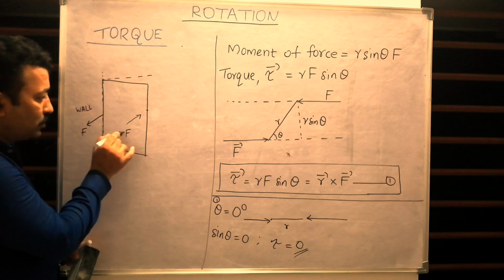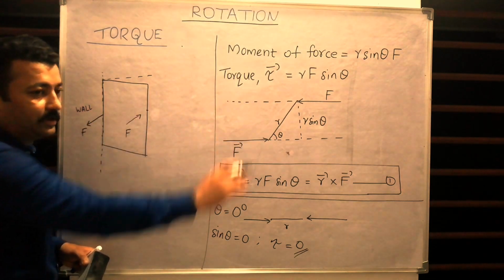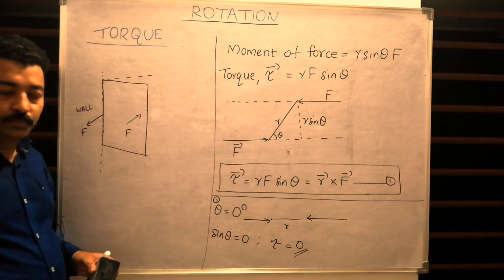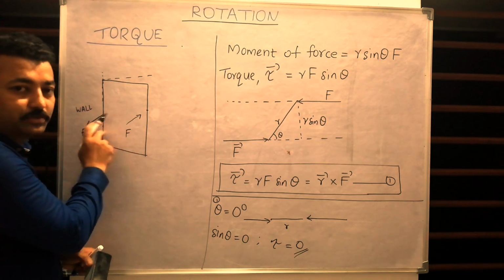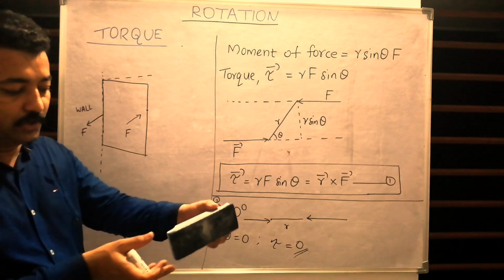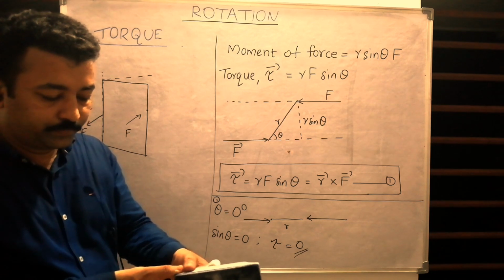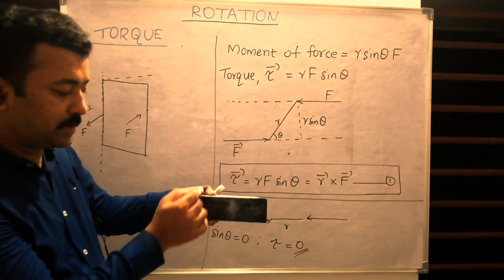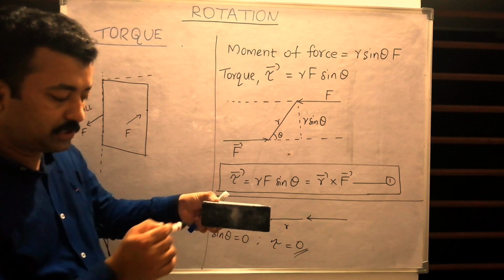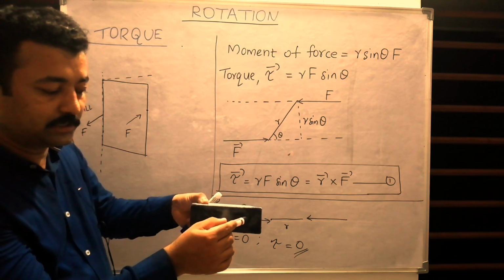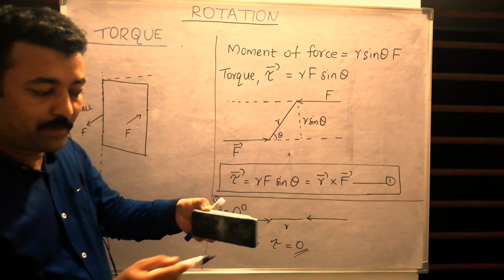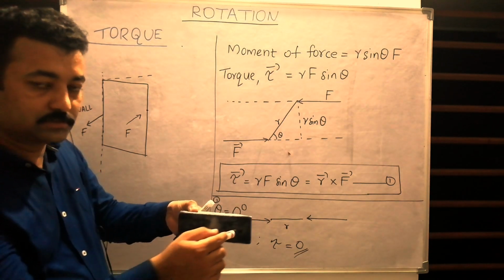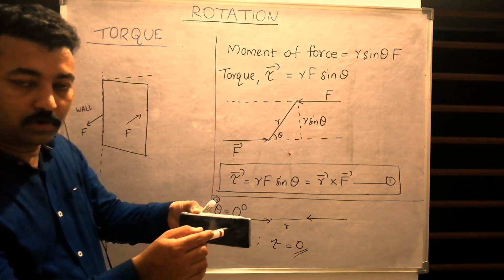If this force is equal to this force, the wall will never fall down. Or we can say that these two constitute a couple. That means if a door is fixed over here and I am applying a force over here, this part is not moving because the reaction of the hinge cancels the translational force. But what happens to the door? The door rotates.